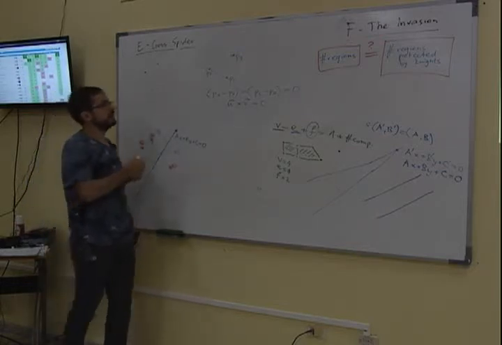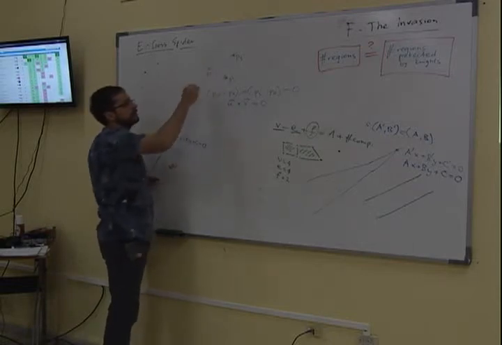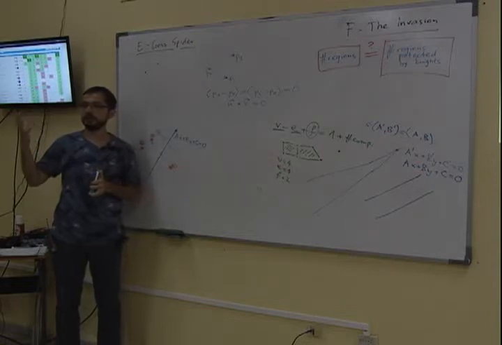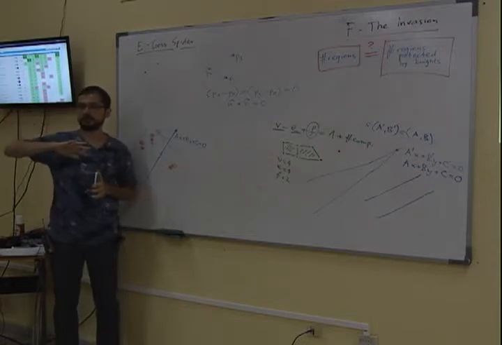So what if we find 3 points which are not on the same line? Then they uniquely determine the plane.